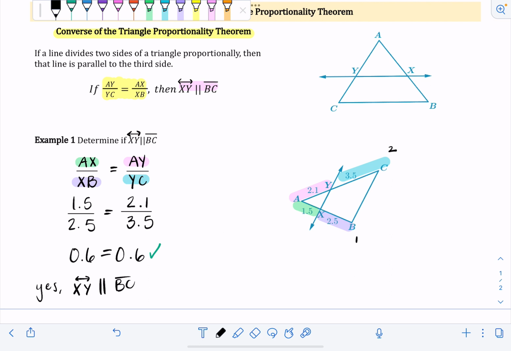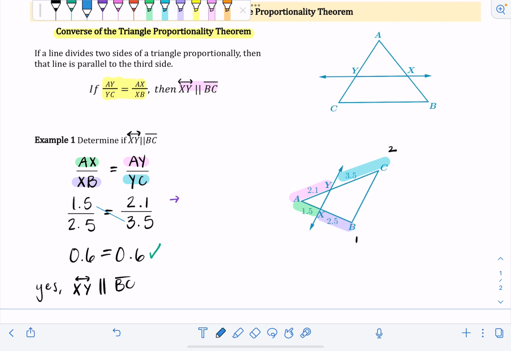And then one of the other ways that you can do it, if you get really into the habit of cross multiplying like we did for the earlier example, you can cross multiply here too. You should get both sides being equal to each other. I'm going to do that off to the side to show you how it works out. You won't get 0.6, but you should get two products that are equal.